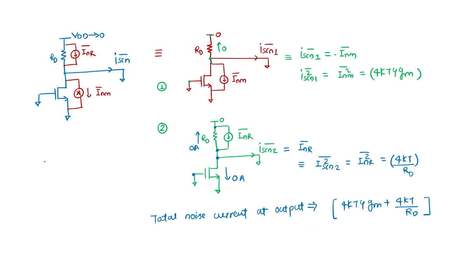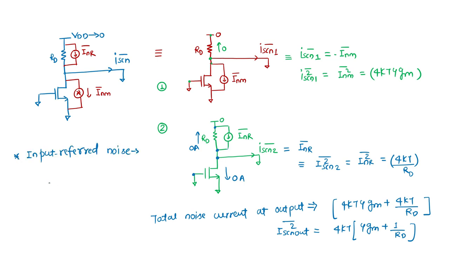So now what is the input referred noise? This can be written as I_SCN,out, the output short circuit noise current mean square value, which is 4kT, taking it common, γgm plus 1 by RD. So what is the input referred noise?